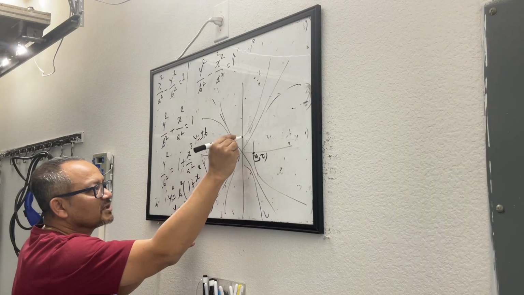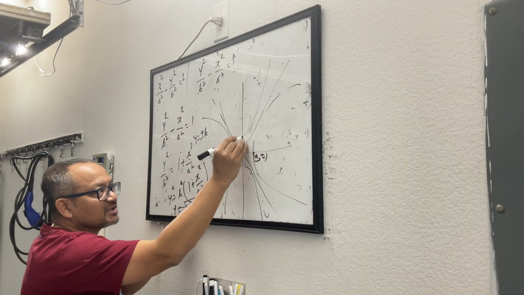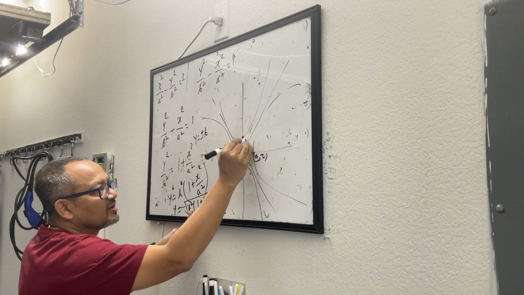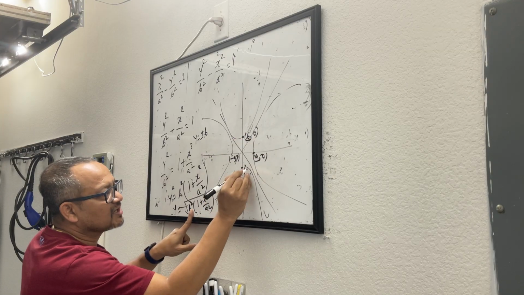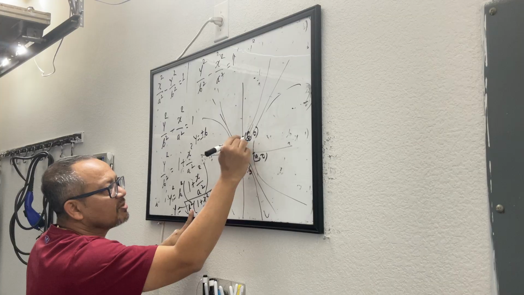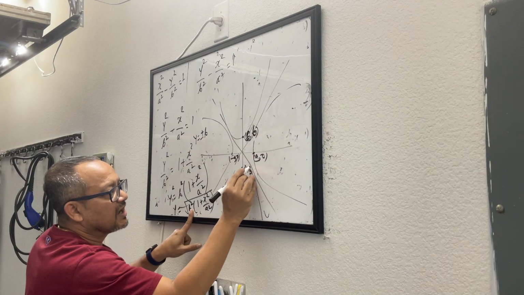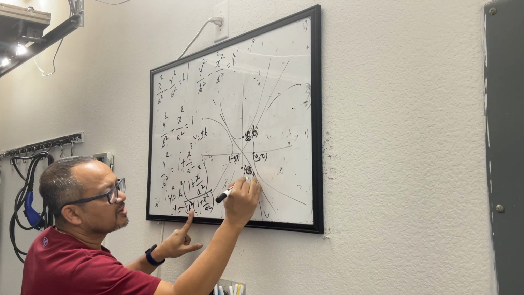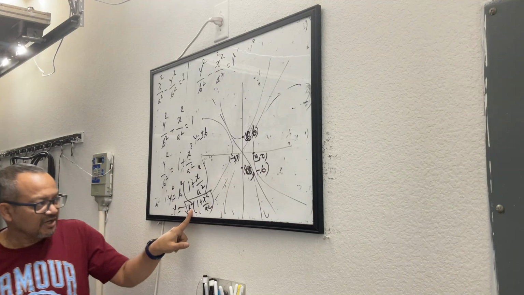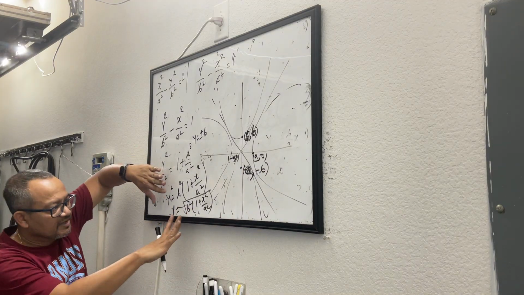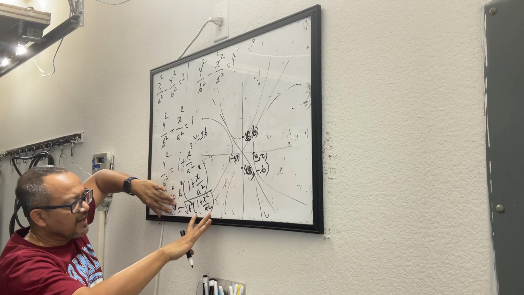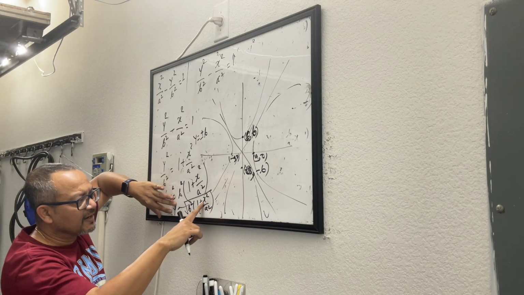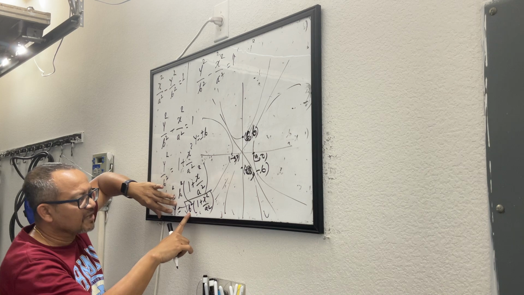So when x is 0, it's touching at 0 comma b and 0 comma minus b. So in this equation we got to the same point. We are saying, okay, fine, when my x value is 0, y equals plus and minus b.